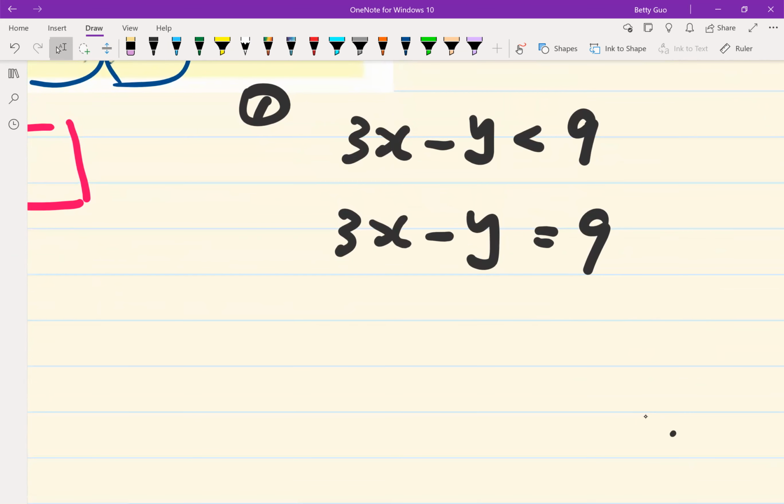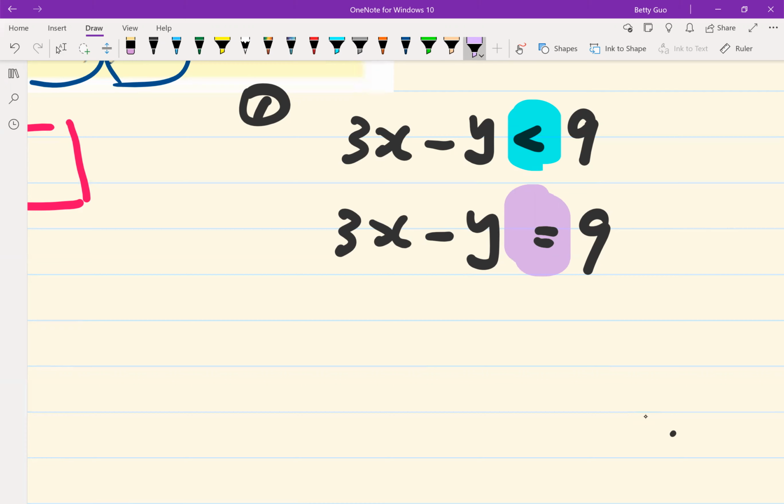3x minus y is less than 9. It is an inequality because it contains an inequality symbol. How do we know the inequality is a linear inequality in two variables? If we replace the inequality symbol with an equal sign, and keep everything else the same, the left-hand side 3x minus y, the right-hand side the same.